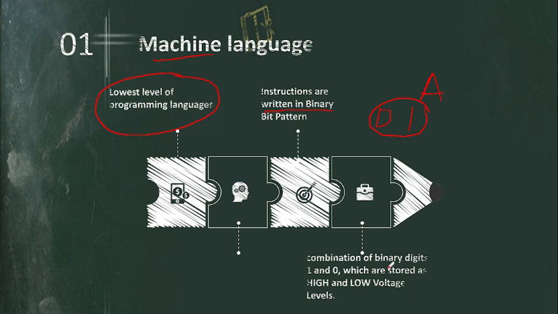So this is machine language. You just need to understand one thing here: machine language is the language which is easy for a machine to understand. That's why it is called machine language. In other words, it is not easily understandable by the user, and is a bit complicated for a user to understand.